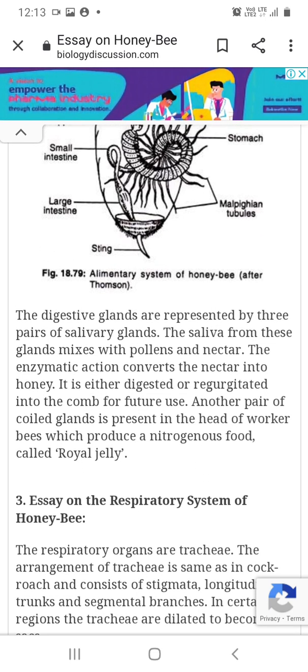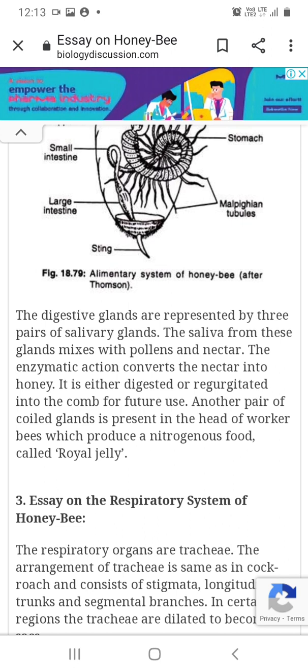The saliva from these glands mixes with pollen and nectar. The enzymatic action converts the nectar into honey. It is either digested or regurgitated. Regurgitated means वापस मुंह से बाहर निकालना into the comb for future use.